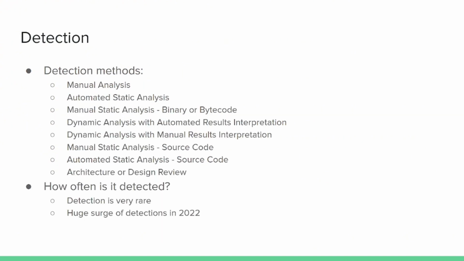So there's a bunch of detection methods that could be used to detect this weakness. They range from manual analysis, automated static analysis, manual static analysis, either binary or bytecode, dynamic analysis with automated results interpretation, dynamic analysis with manual results interpretation, manual static analysis of the source code, automated static analysis of the source code, architecture or design review.